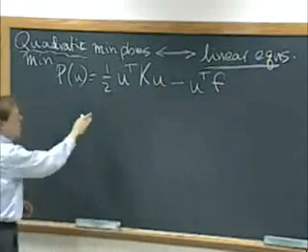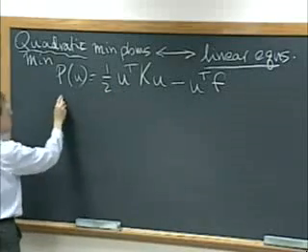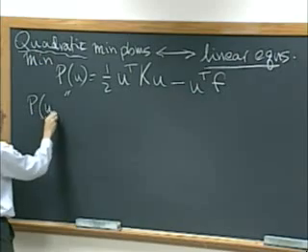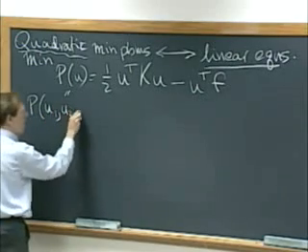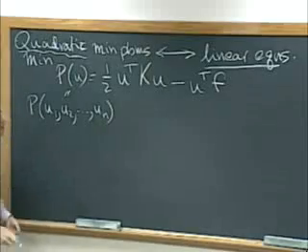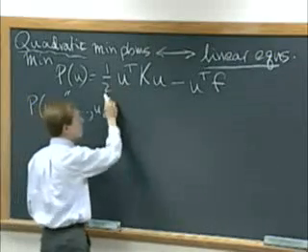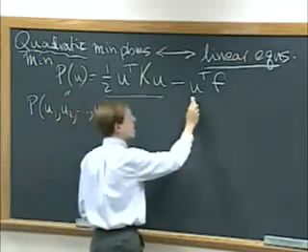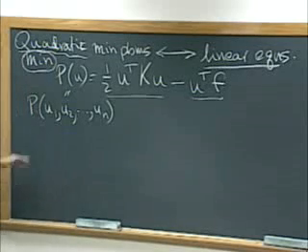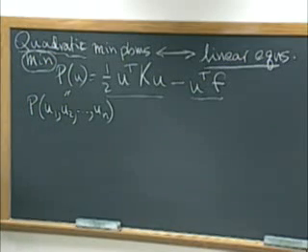So you see, this is a quadratic function of U, of all of the vector U, of the n components. So here's the quadratic part, here's the linear part, and the natural question is, where's the minimum? What value of U gives the minimum?